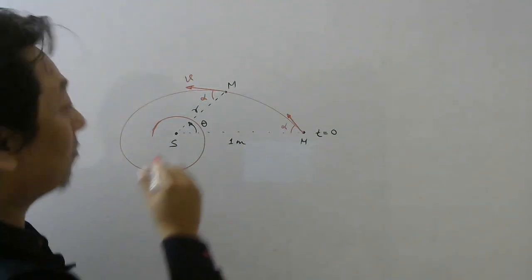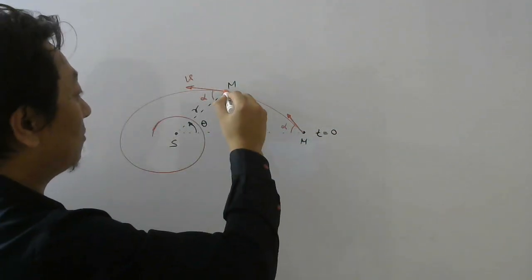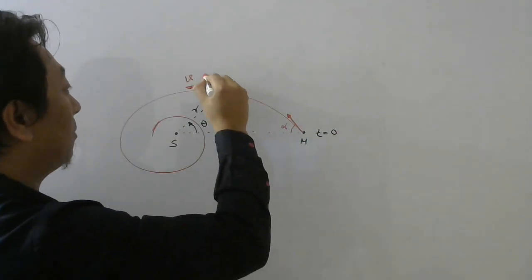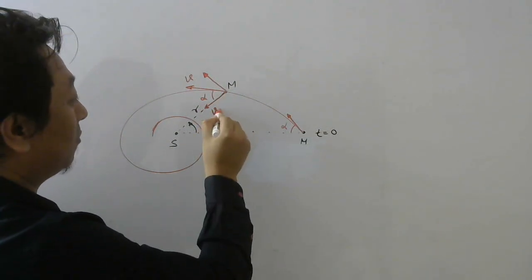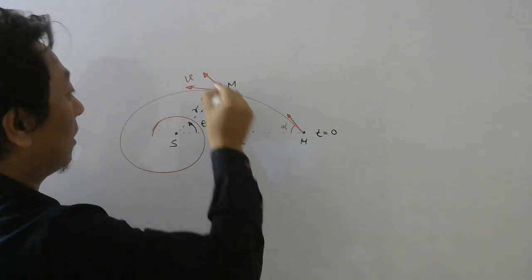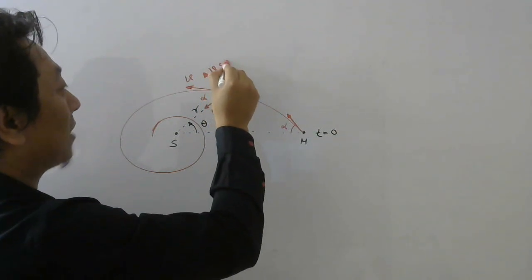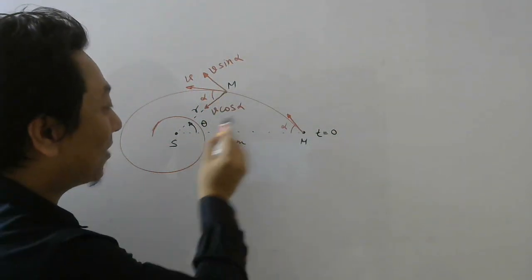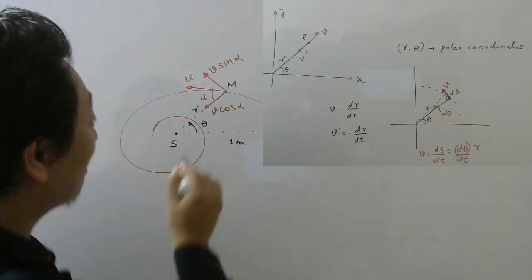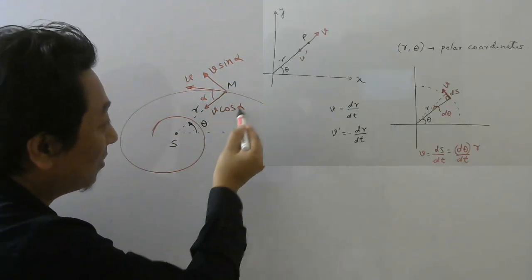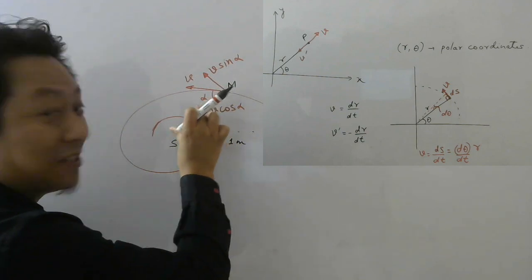So now if you look carefully, I can take two components of this V. One will be here and one will be here. So this will be your V cos alpha and this will be your V sin alpha. Now compare this velocity and this velocity with the concept which I taught before. Because of this velocity, your r is decreasing, right?